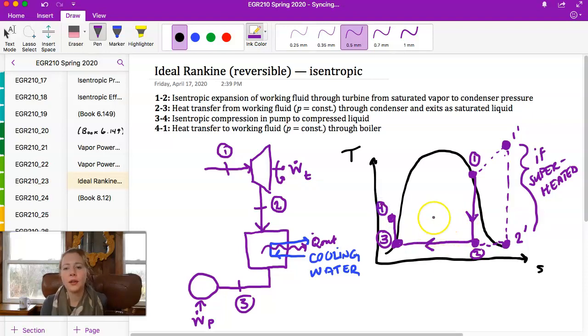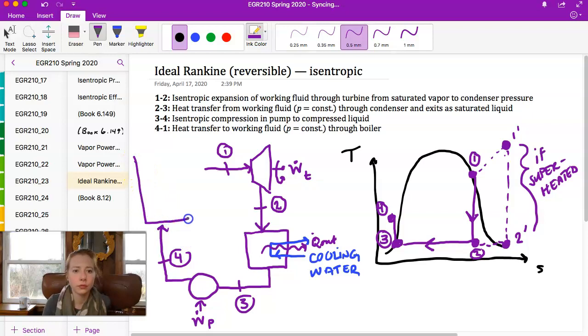And remember, inside the vapor dome, temperature and pressure are paired. So then what's going on is from 4 to 1, so we're pumping back up, and we're going to go into our boiler. So this is our boiler.